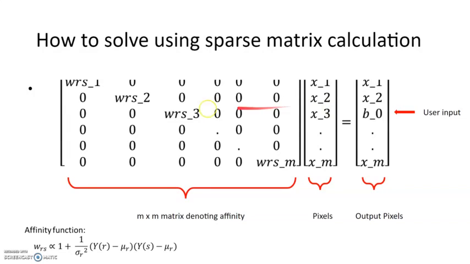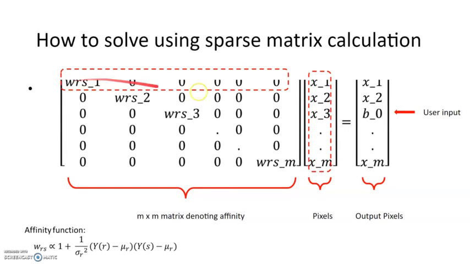So we have to solve this equation for each pixel, and this vector here is the resultant pixel having the optimized value. So in the original implementation, the optimization was done through matrix multiplication. So if we do matrix multiplication with this row and this column, as all the values here are zeros, we will have only this value, which means affinity value 1 multiplied by pixel value 1, we are solving for one pixel, and affinity value 2 with pixel value 2, we are solving for pixel 2.